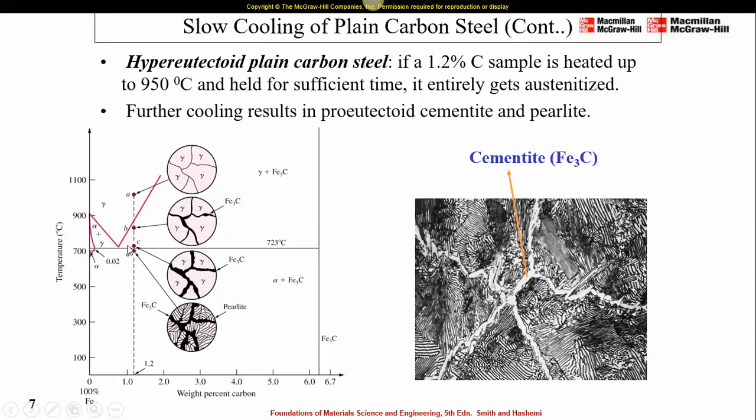Right above 723 degrees, gamma has eutectoid composition of 0.8 weight% carbon. And on further cooling, to right below 723 degrees, gamma is converted into pearlite.